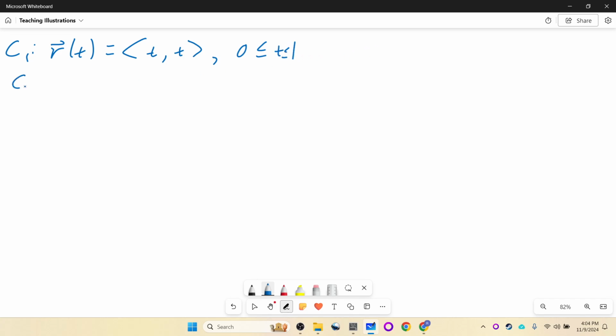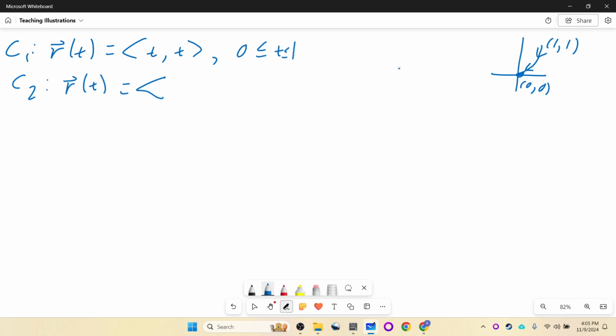Now C2 is a little trickier because it's going from right to left. So if that's what we're doing here, from 1, 1 to 0, 0. It's a rule that the parameter t always needs to be increasing. Like I said, I don't have a really convincing explanation for why that's a rule, except that it doesn't seem to work if you break it.